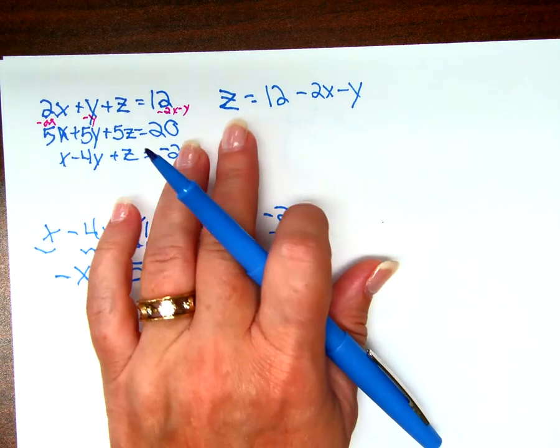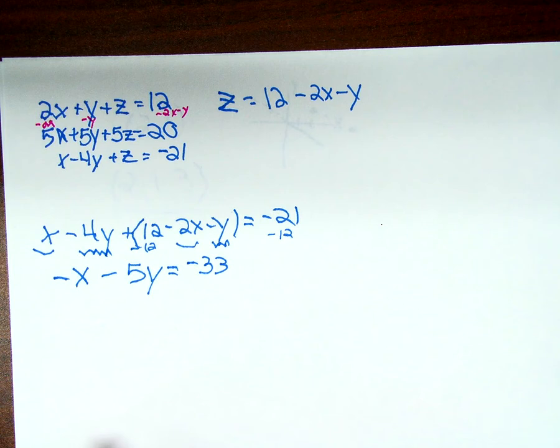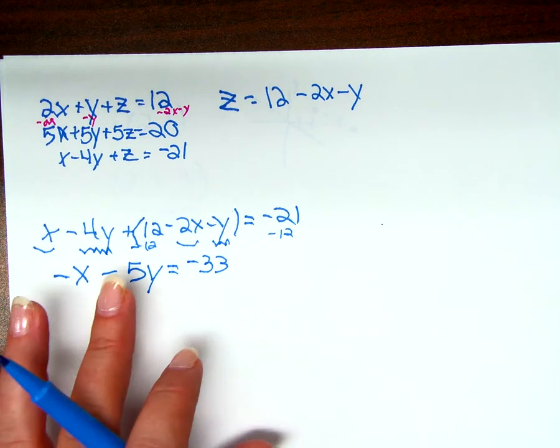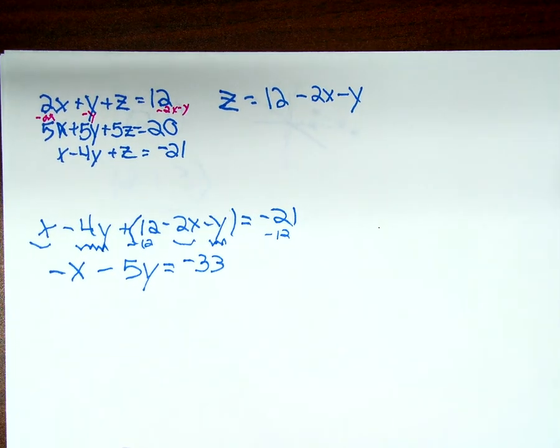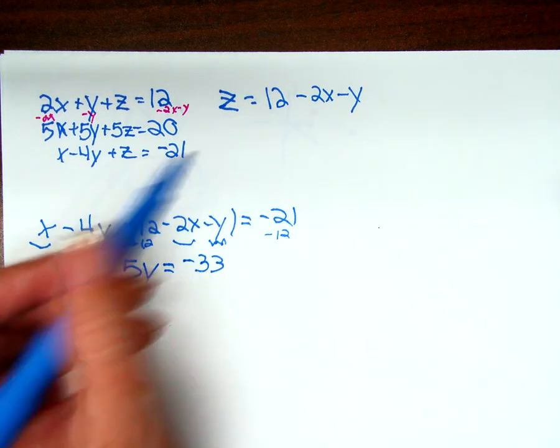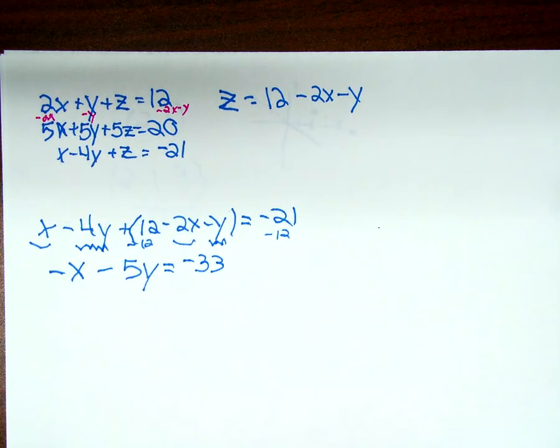And I chose x and y because I already solved for z. I'm already trying to get rid of z. If I have one equation with x and y, what do I need? Another equation with x and y. So I started by taking z and substituting it into the bottom equation. Now I need to take z and substitute it into the middle equation.